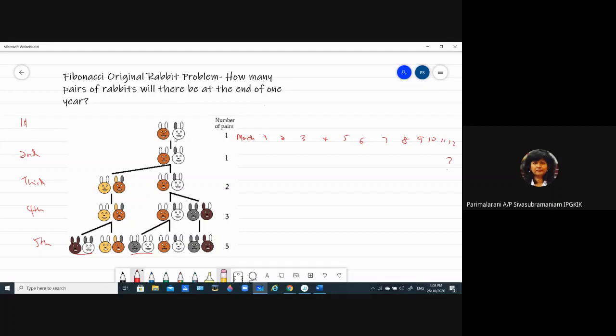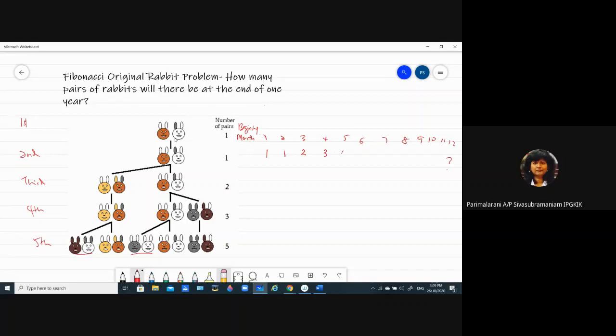If I take this to be the beginning of the month, at the beginning of the first month, how many pairs? 1 pair. Beginning of the second month, 1 pair. Beginning of the third month, 2 pairs. Beginning of the fourth month will be 3.